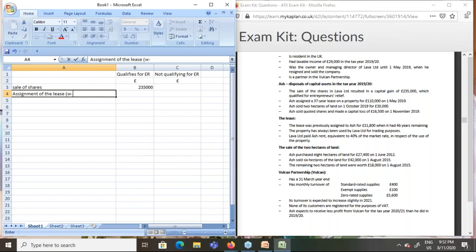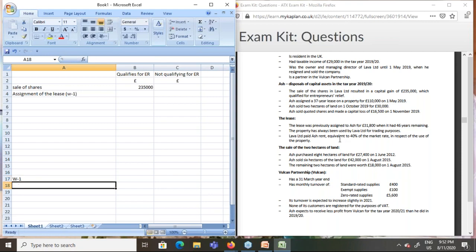So I'm taking a working. So here, working 1. Sales proceeds. Ash assigned a 37-year lease on a property for £110,000. £110,000 proceeds.